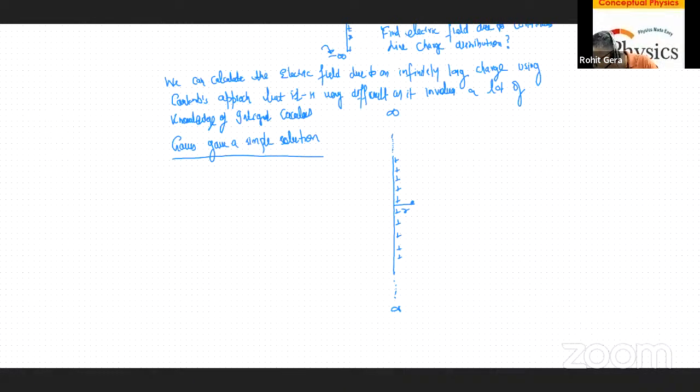What he did was he took a Gaussian surface to enclose some charge of this infinite density. He said, okay, I will take a part of this. And he drew a cylinder.